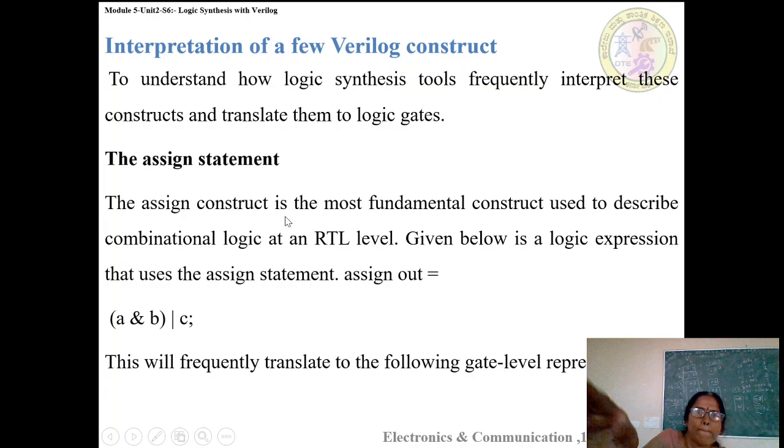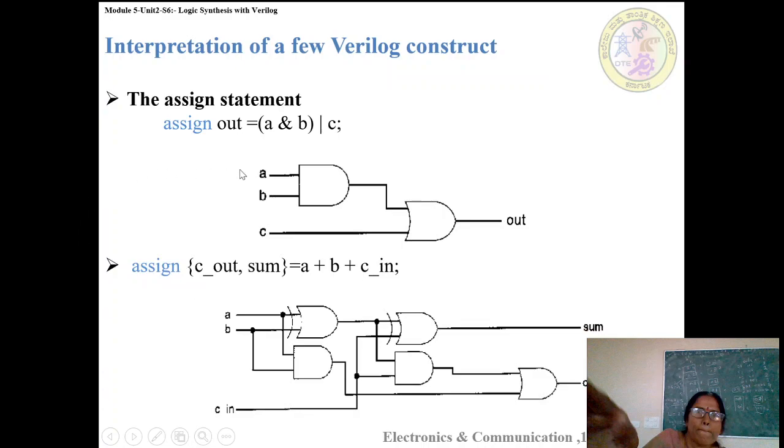The assign construct is the most fundamental construct used to describe combinational logic at the RTL level. Given below is a logic expression that uses the assign statement: assign out is equal to A and B. Here is an example.